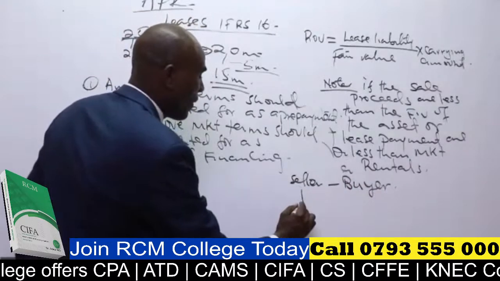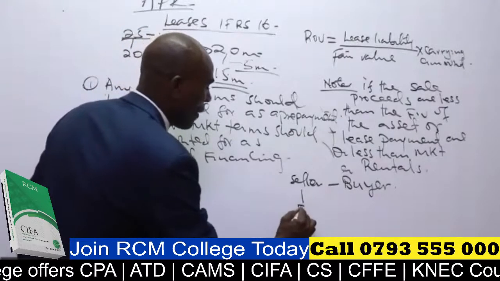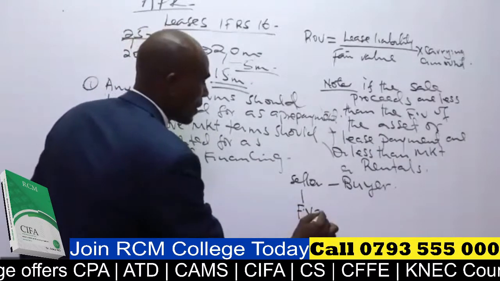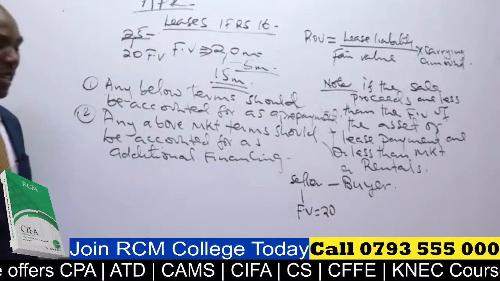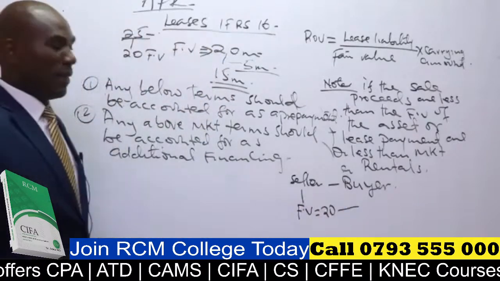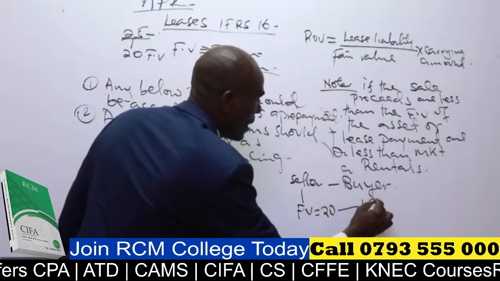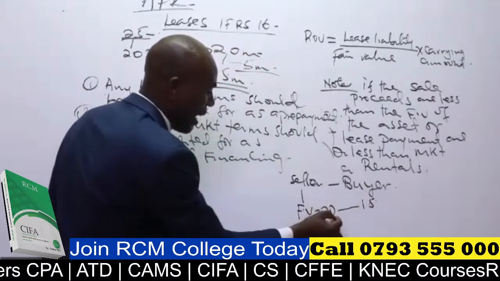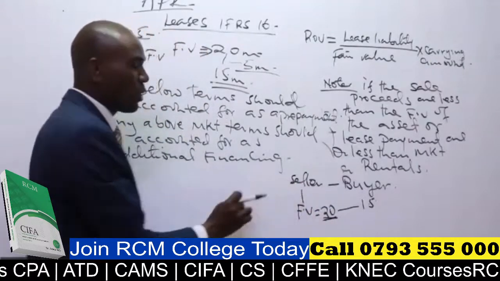Remember, the fair value to the seller was 20 million. Then when I transferred this asset to the buyer, the buyer paid 15 million. Remember, the fair value of the asset is 20 on the seller side.